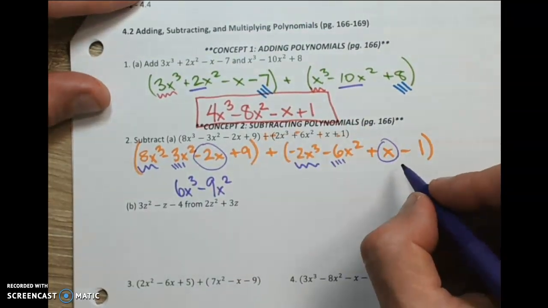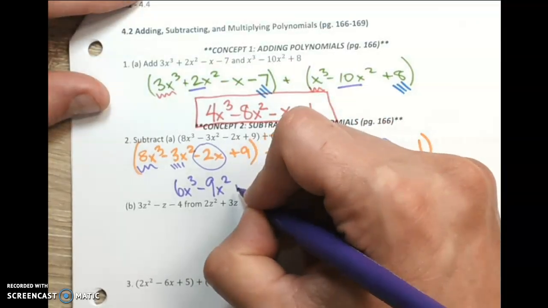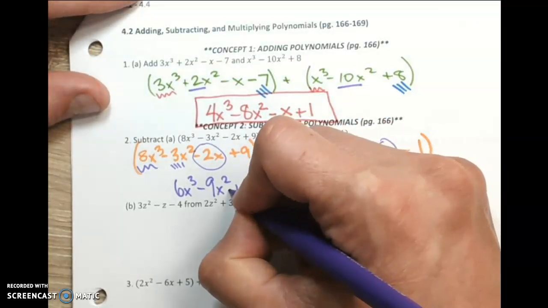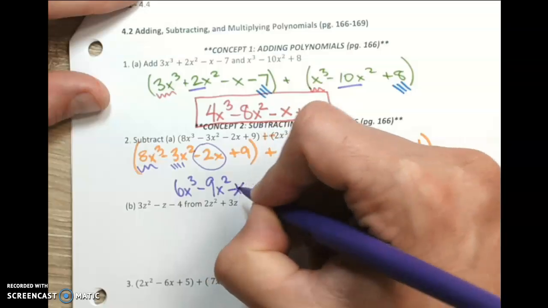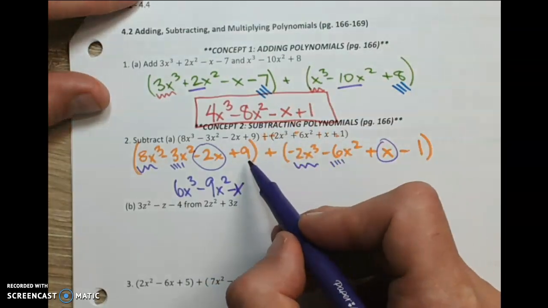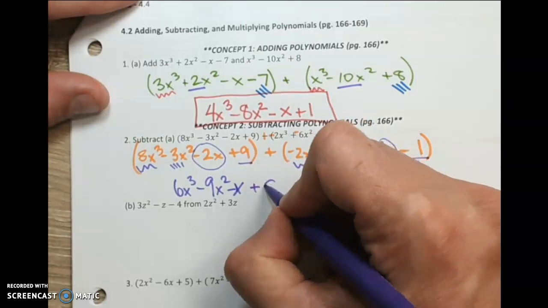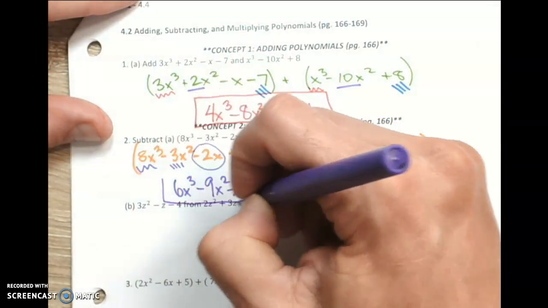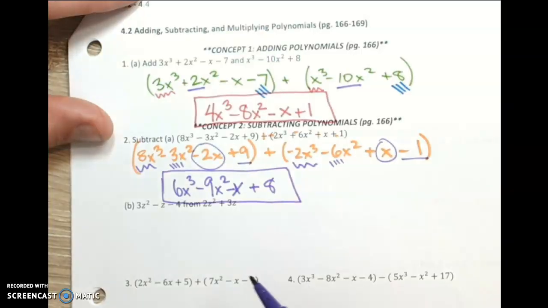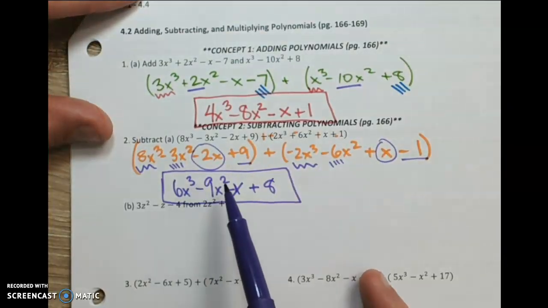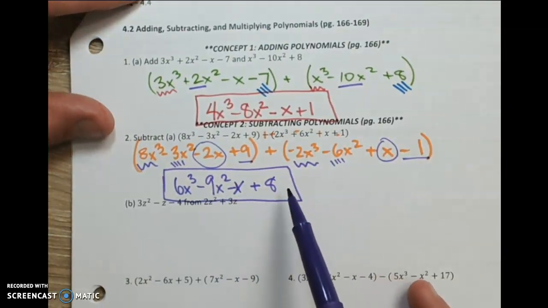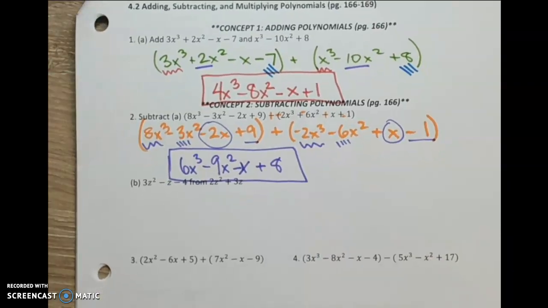Negative 2x and x, which is negative x. And then 9 and negative 1 is 8. And there we go. Again, this is in descending order, 3, 2, 1, 0. And voila, we are done.